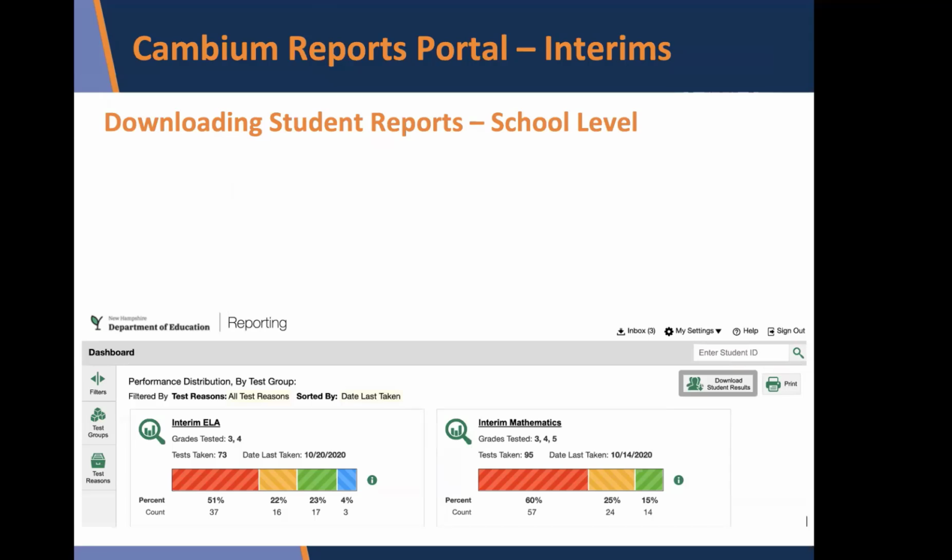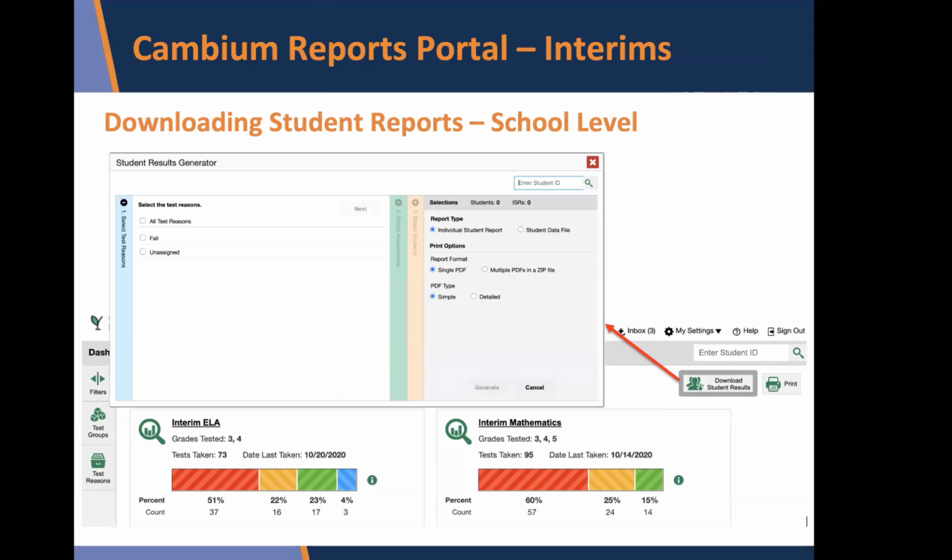If you want to download specific student results or specific grade level results, you would click download student results. Because I'm on the main testing screen, it will ask me to answer all of these questions.